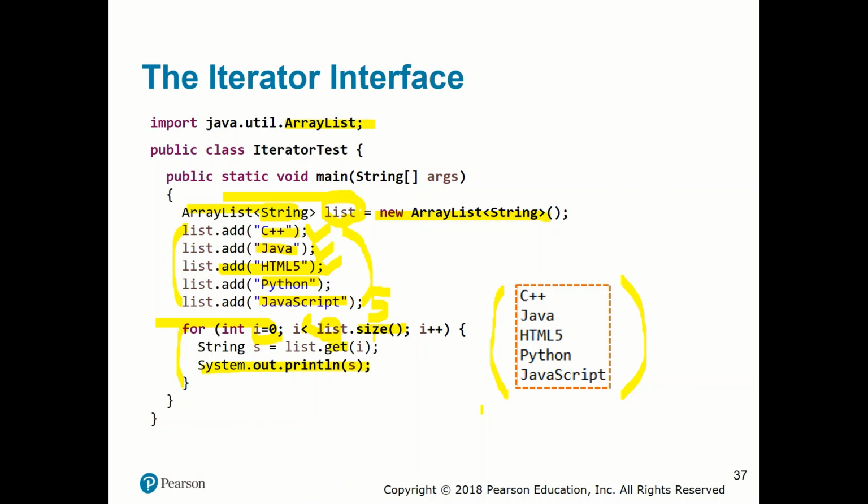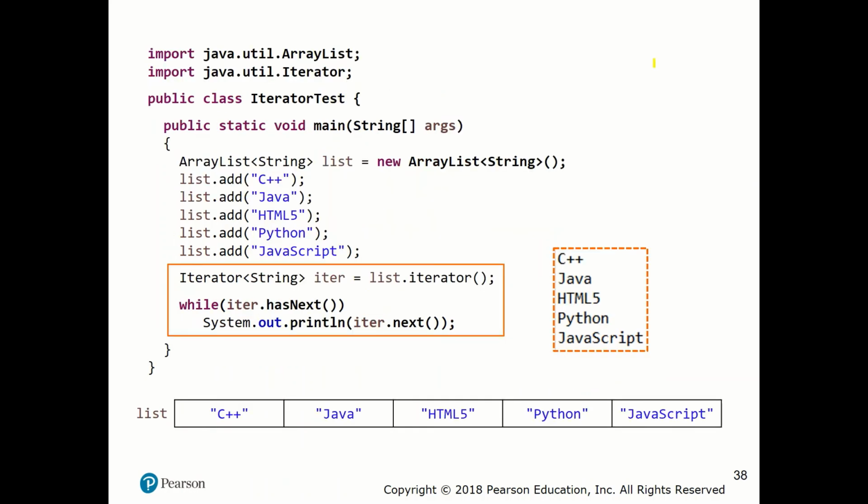I will change this code. I'll transform this code to use the Iterator interface. Using the Iterator interface, I will do the same thing. This is the same code from the previous page, but this time I used an iterator instead of a for loop.